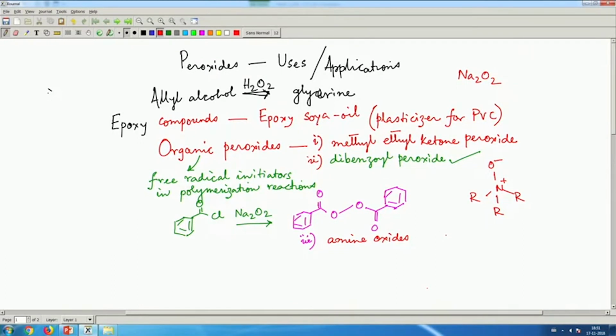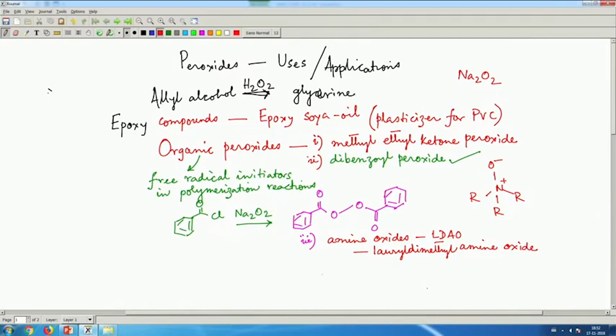One such example is the preparation of LDAO, which is nothing but lauryl dimethyl amine oxide.